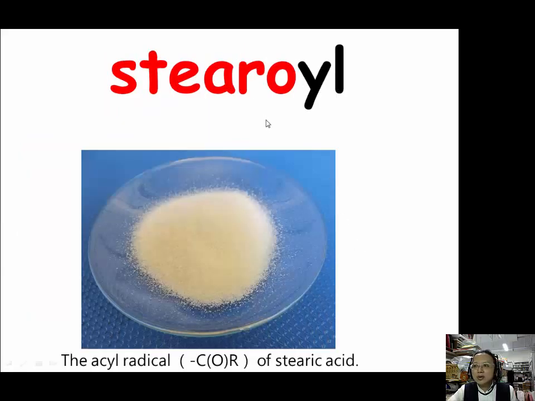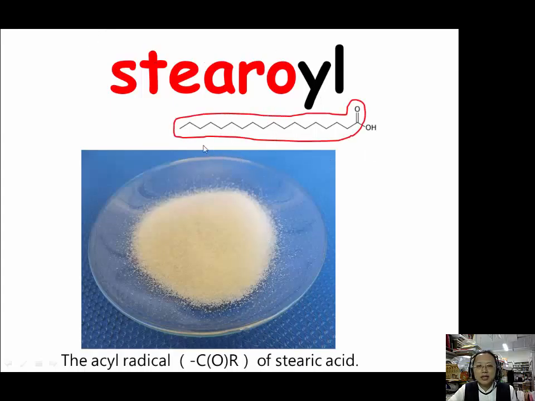And for stearo, our example is stearoyl. Stearoyl is the acyl radical of stearic acid. Stearic acid looks like this, and stearoyl means this part, which I circled in red.